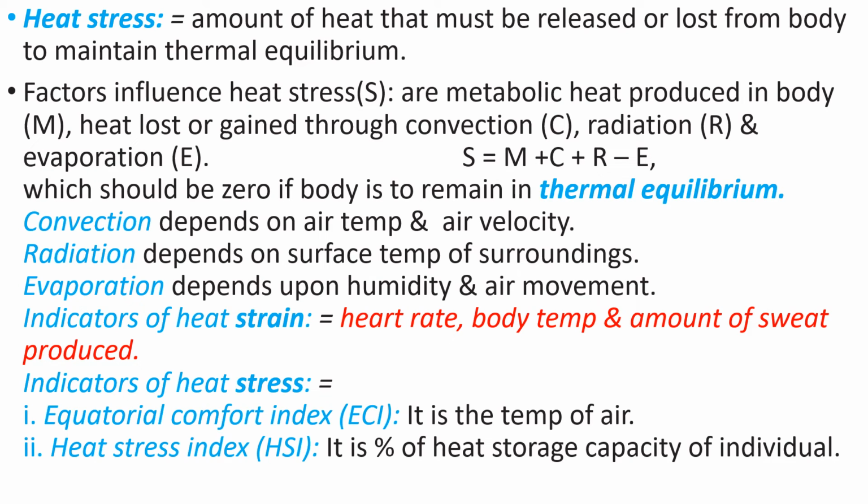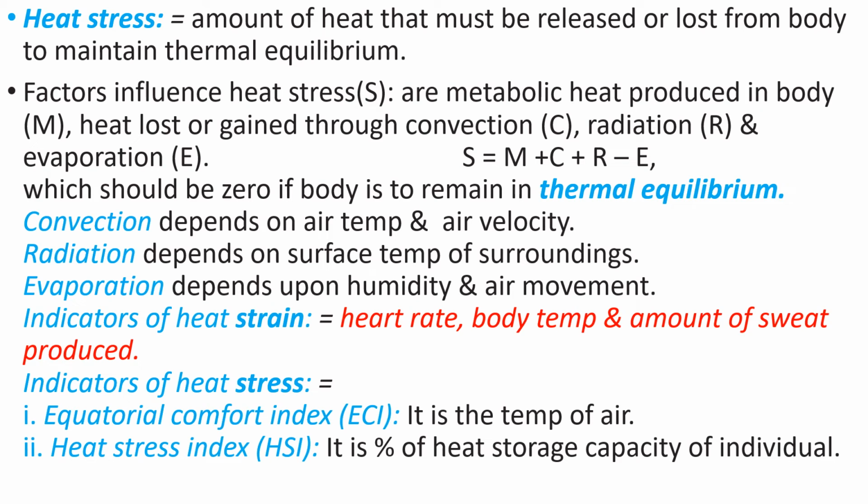Factors that influence heat stress are metabolic heat produced in the body, M, heat lost or gained through convection, C, radiation, R, and evaporation, E. So S equals M plus C plus R minus E, which should be 0 if the body is to remain in thermal equilibrium.